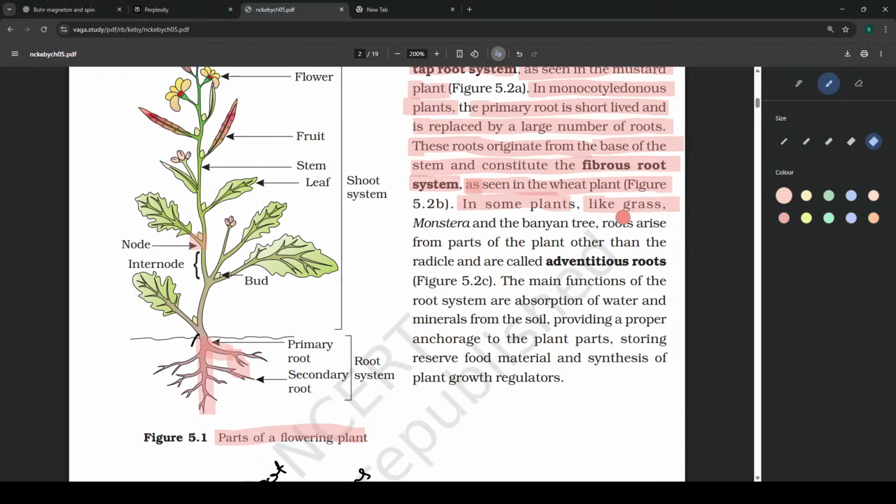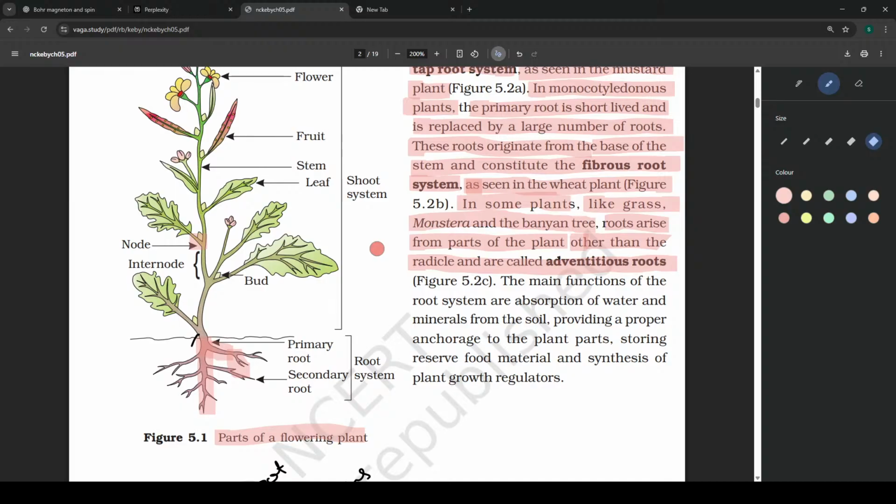In some plants like grass, monstera, and banyan tree, roots arise from parts of the plant other than the radicle and are called adventitious roots. Okay, we saw roots normally arise from the base of the plant, but in some plants, like the examples given here, grass, monstera, and banyan tree, roots arise not only from the basal region but even in other parts of the plant.